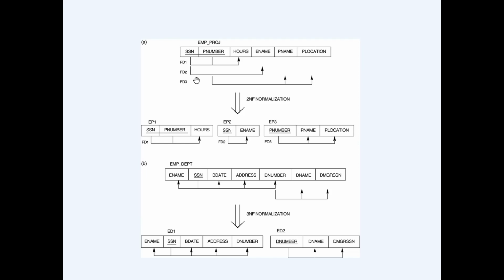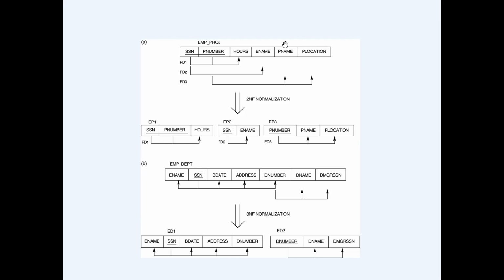We can take social security number and employee name as a separate relation, and project name and project location together with project number as another relation. So the original one is left only with hours then. Right, any questions up to this point? I hope you have already done these things, but I thought of covering it since this is the review.